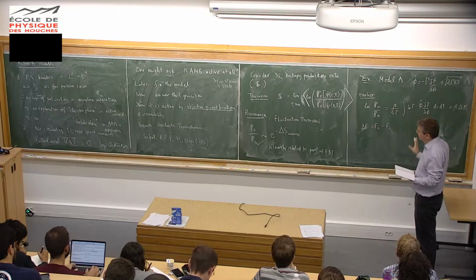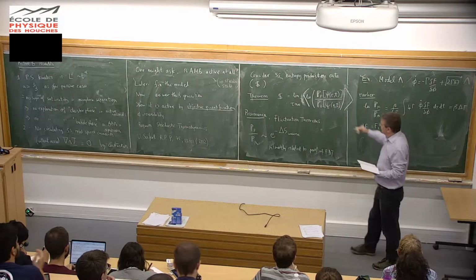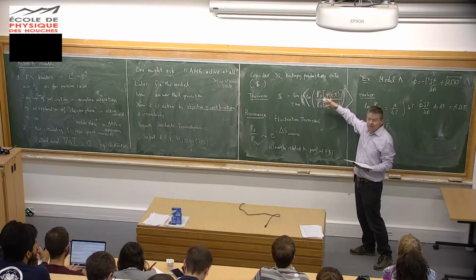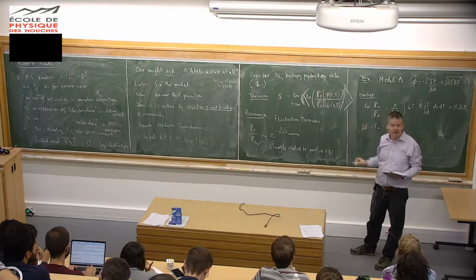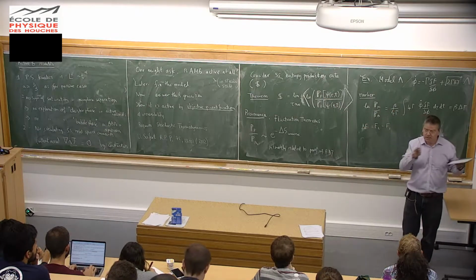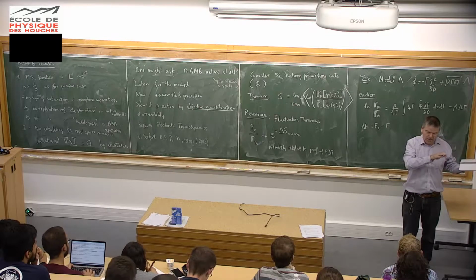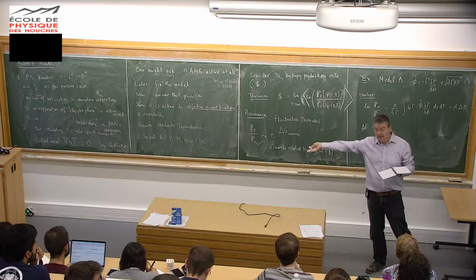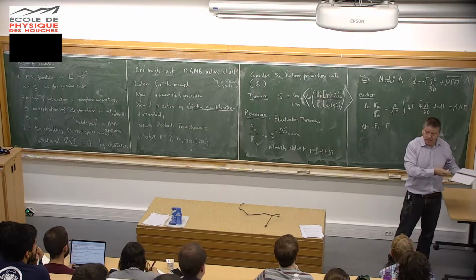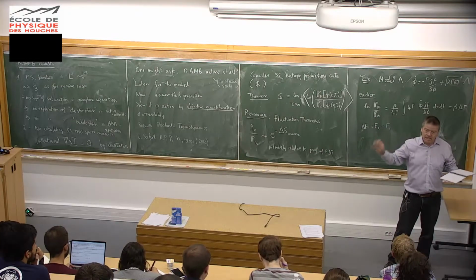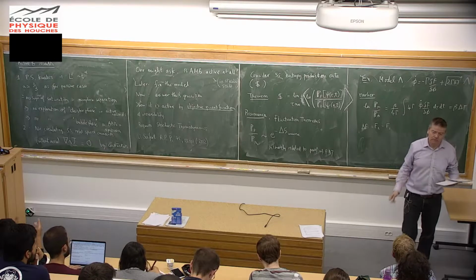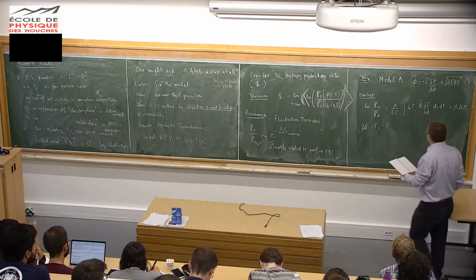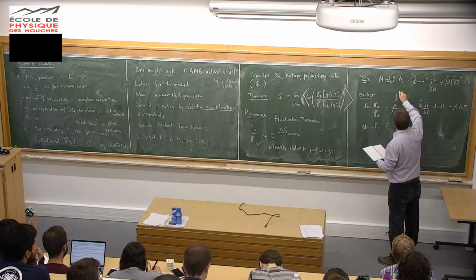So the point is that the FDT is proved by showing that the ratio of this has to equal the ratio of the Boltzmann factors for the initial and final state, because the product of initial probability times the transition probability has to be equal to the product of the end probability times the reverse transition probability, so that you see the whole process equally often in the forward and backward movies. So that's how we fix this number.